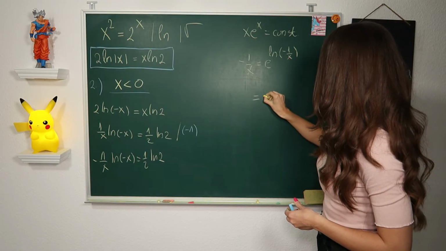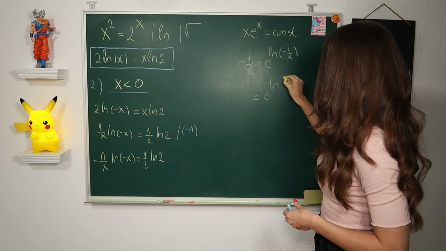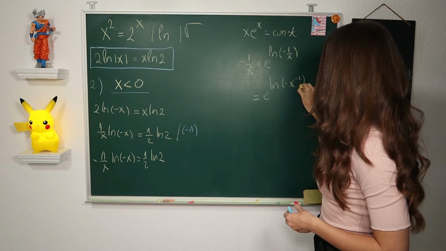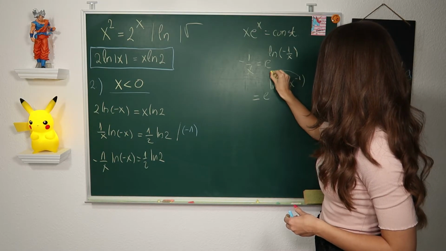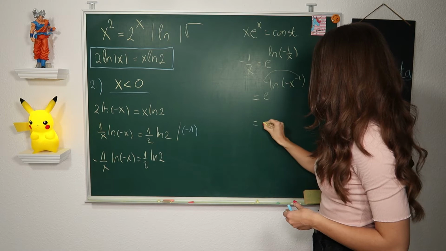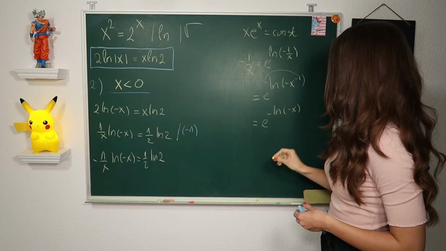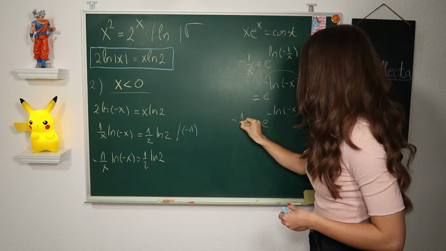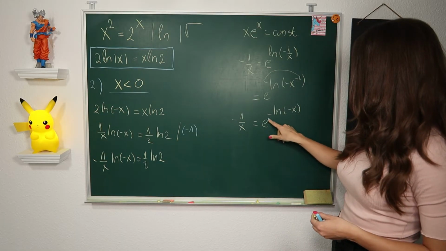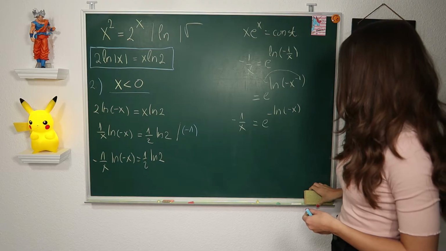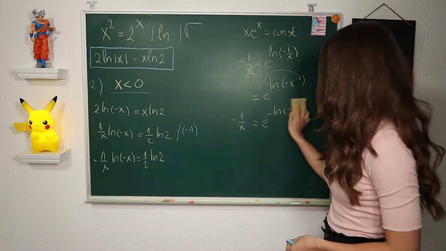Rewriting this here, we will have e to the ln negative x to the negative 1. And now let's move this negative 1 here to the front, and we have e to the negative ln of negative x. So we got that negative 1 over x is the same as e to the negative ln of negative x.